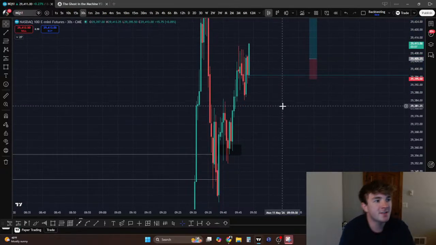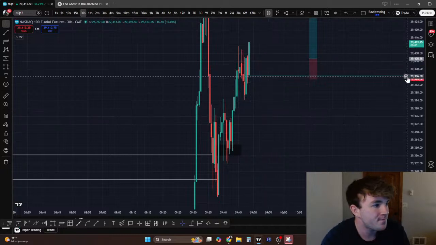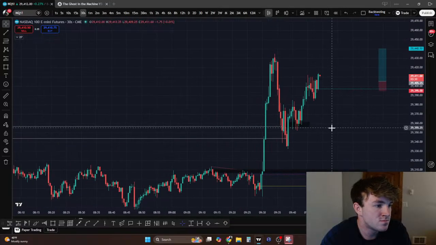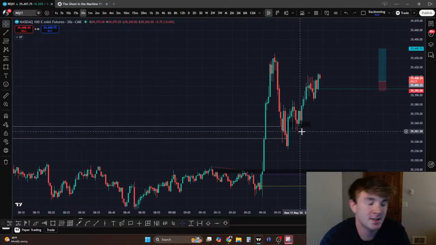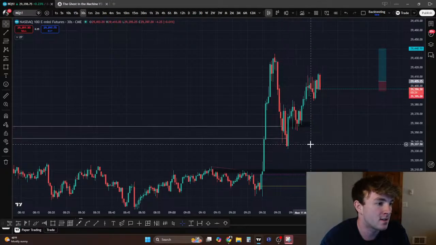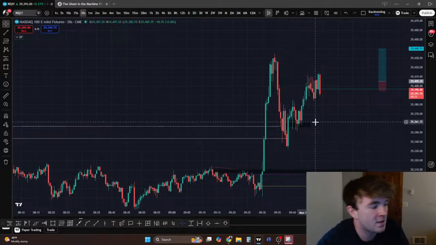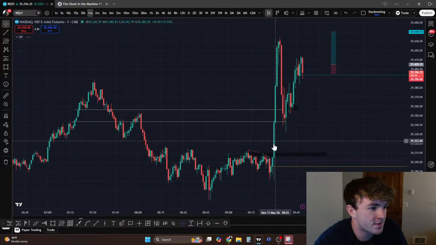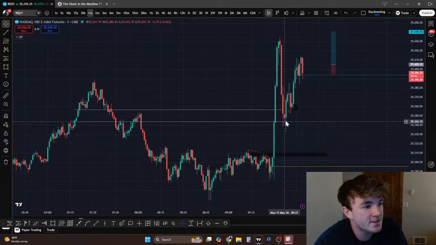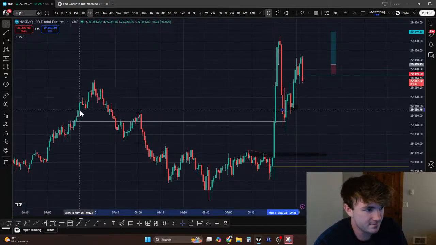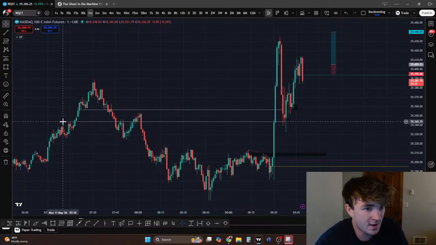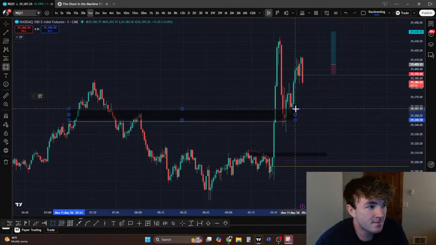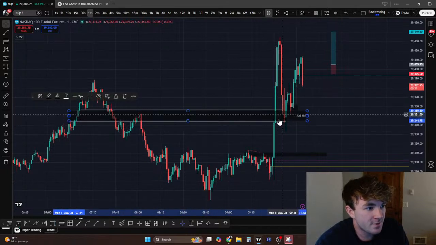Wait, I forgot to check for the first presented fair value gap. This trade from down here is up a lot. Okay, let's look for the first presented fair value gap. Okay, so this actually makes a lot of sense. By the way, if you're wondering what this is, a Reaper gap down.